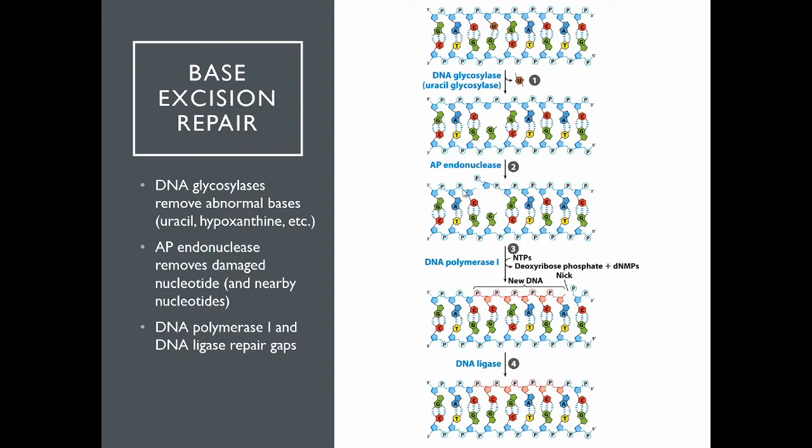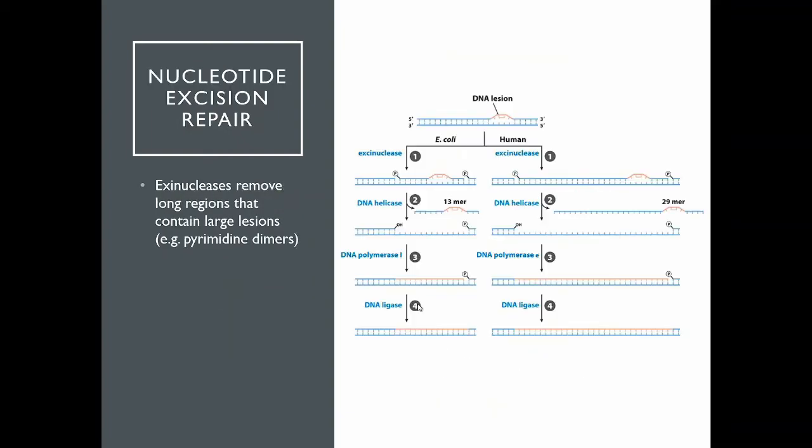So in other words, the strand is usually left intact, or at least there may be a cut, but there's no missing sugar phosphate backbone. So then DNA polymerase can come along and detect that and replace the missing base and some bases adjacent to it. And then DNA ligase can reconnect the two ends together.